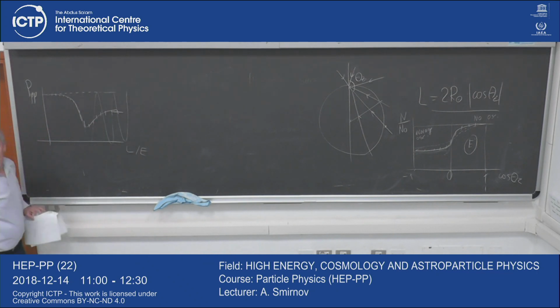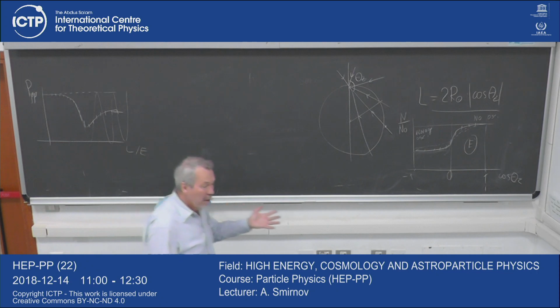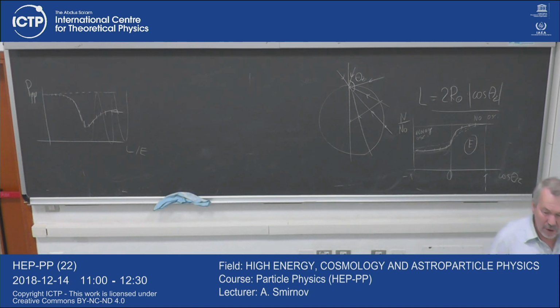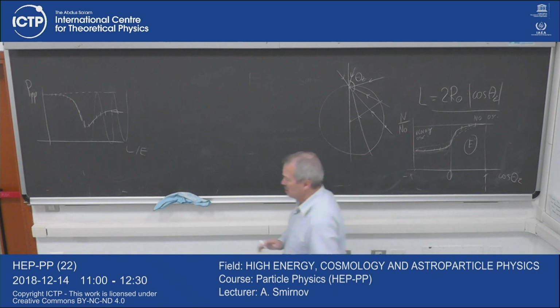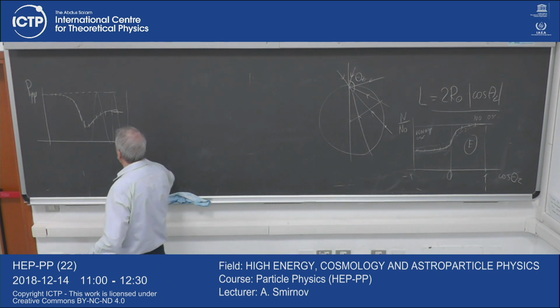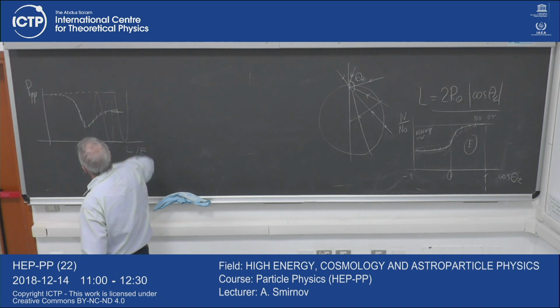Now, without averaging, you would expect such a picture. But due to the averaging effect, because first of all you see only the muon, you detect the direction of the muon and measure the energy of the muon, but then you need to reconstruct the energy of the neutrino. So essentially you are doing some integrations and averaging, you have finite angular and energy resolution. So this boiled down to such a curve.